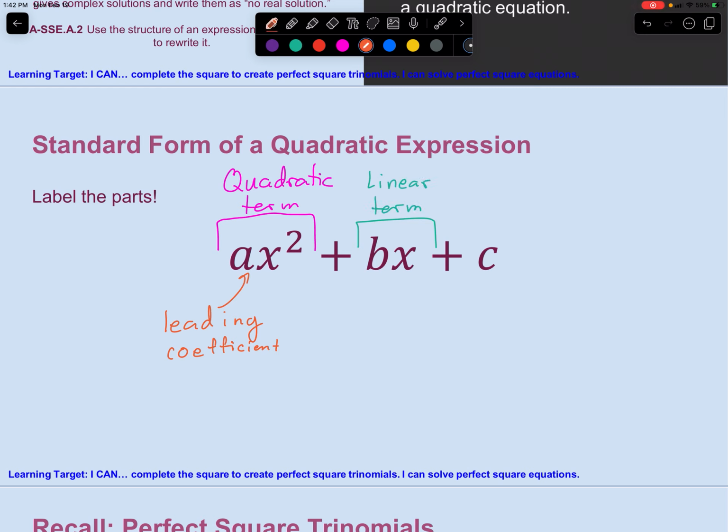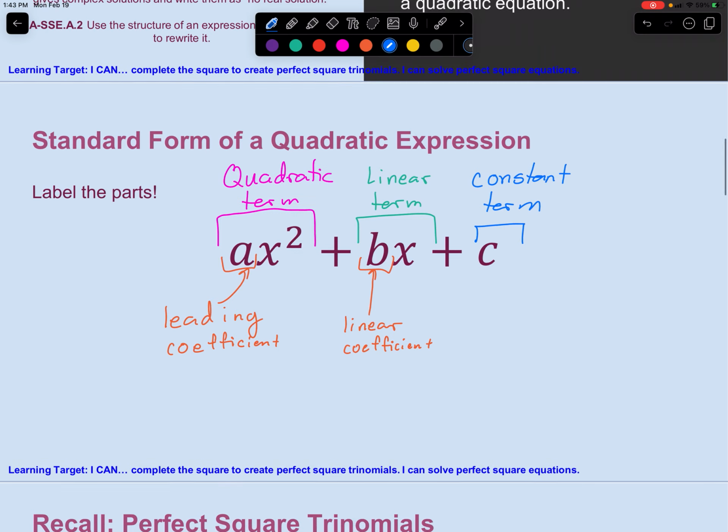And the letter in front of it is the linear coefficient, because it's part of the linear term. Not the variable, just the number. And then the last term is the constant term, the one that does not have a variable on it. Okay, no variable, just the number. So when I refer to A, B, and C, that's where that's coming from.